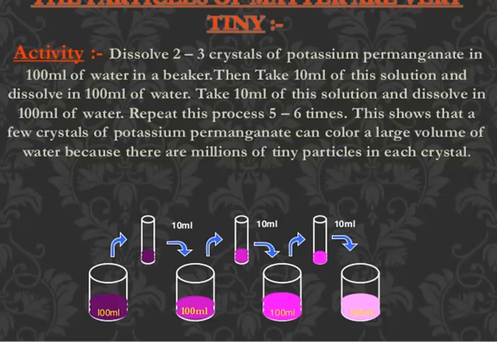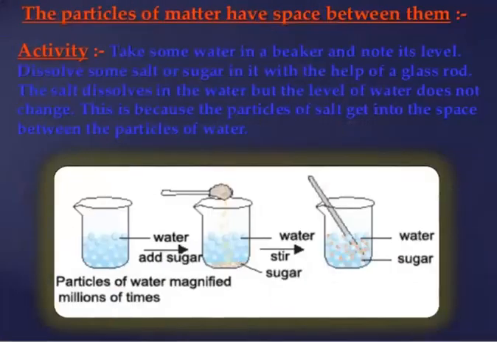Repeat this process 5 to 6 times. This shows that a few crystals of potassium permanganate can color a large volume of water because there are millions of tiny particles in each crystal. This shows particles of matter are very tiny.